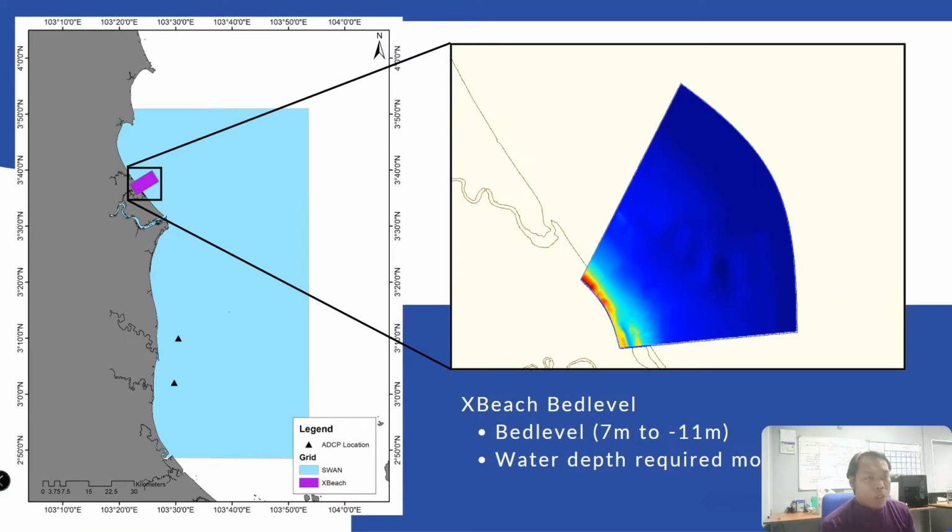According to the bed level that I sampled before using the bathymetry and topographic survey, the maximum is 7 meters high to negative 11 meters for the seabed. The water depth required for the XBeach to run is more than 10 meters.